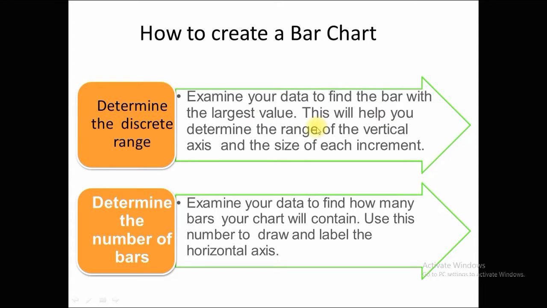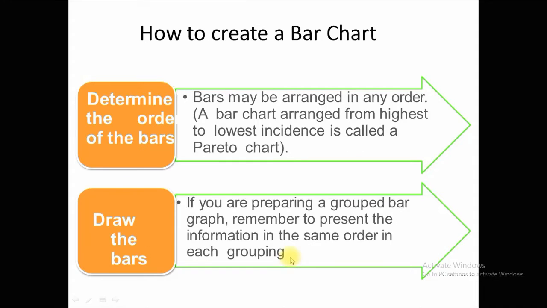This will help you determine the range of the vertical axis and the size of each increment. Then determine the number of bars. For the number of bars, check the data to find how many bars your chart will contain. Use this number to draw and label the horizontal axis.